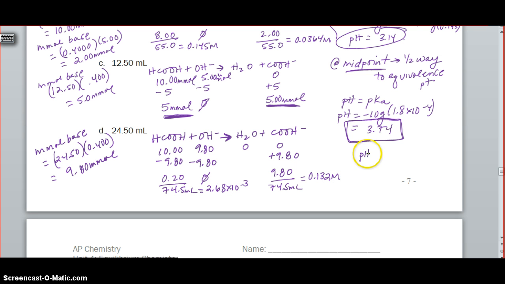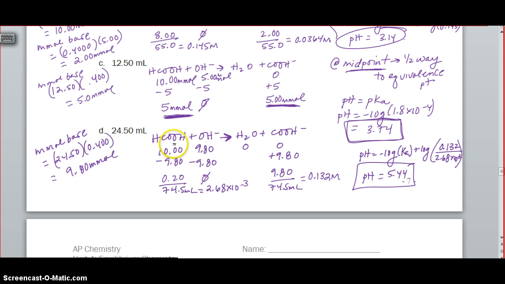So to get the pH, negative log of the Ka plus the log, the base is going to go on top, so the 0.132 goes on top. The 2.68 times 10 to the negative third goes on the bottom. So we get a pH of 5.44.